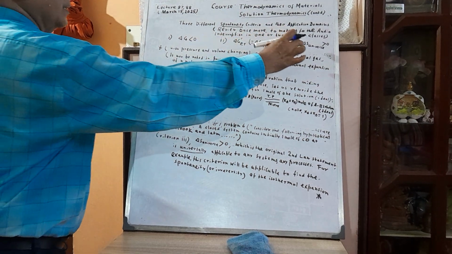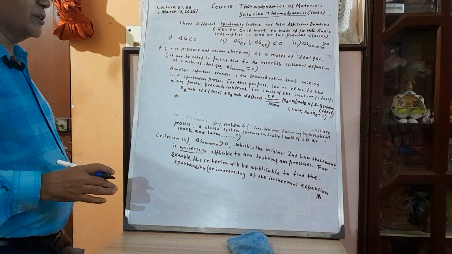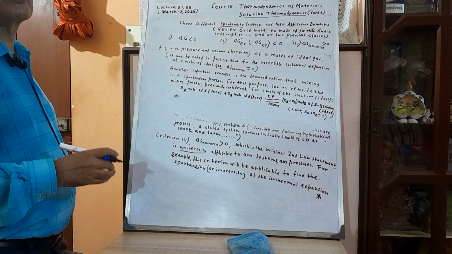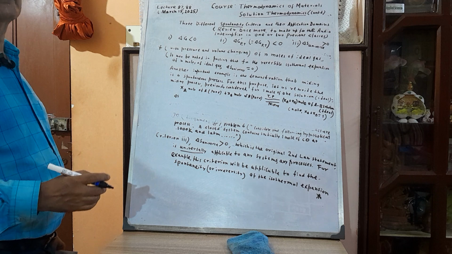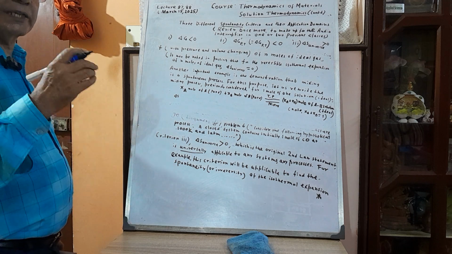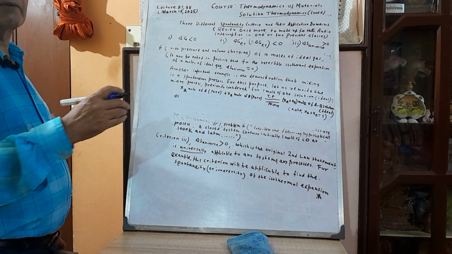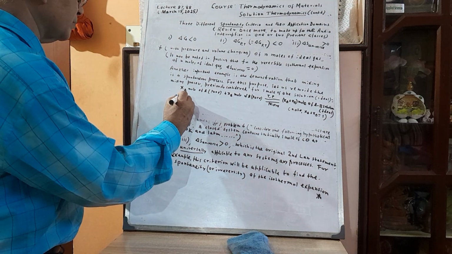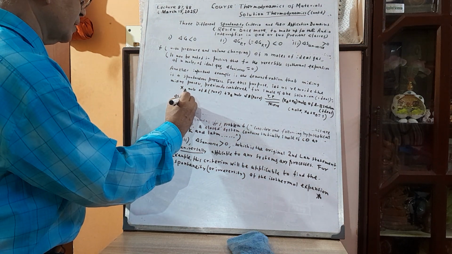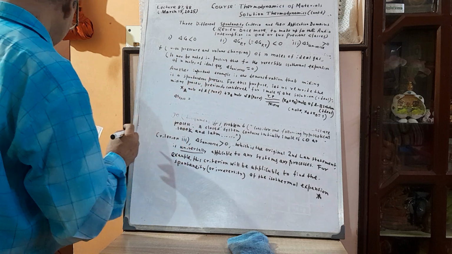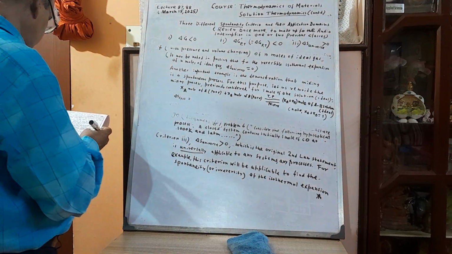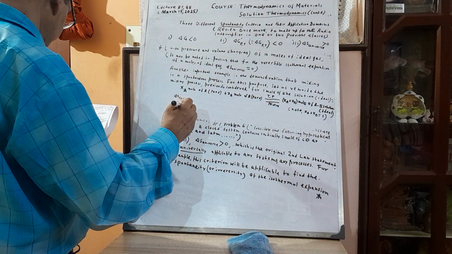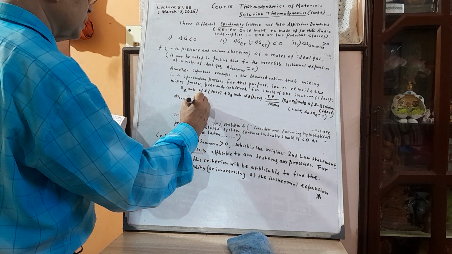We will find it and show that it is greater than 0. First we will consider delta S system, then delta S surrounding, and then delta S universe, which is the sum of delta S system and delta S surrounding. Start with delta S system. It is a mixing process, so delta S system is delta S mixing at constant P and T.